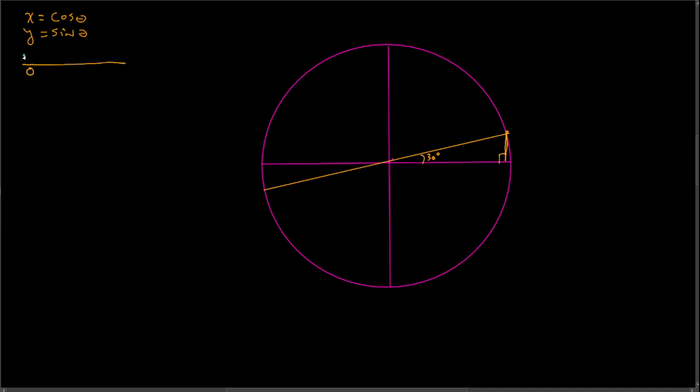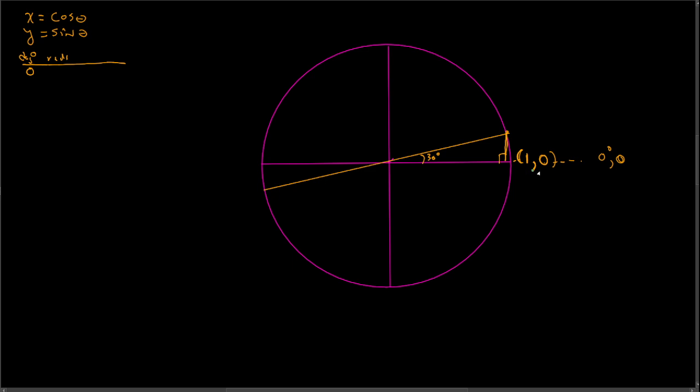So what I'm going to do is talk about the degrees and the radians. And then we're going to keep track of the sine and cosine values that come out. So at 0 degrees and 0 radians, the value of cosine is 1, because our x value is 1, and our value of sine is 0.